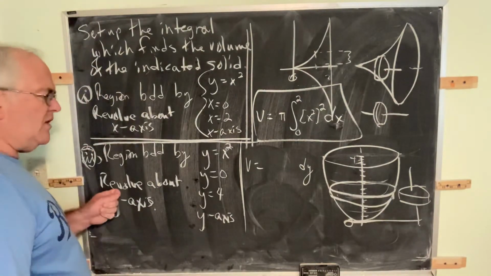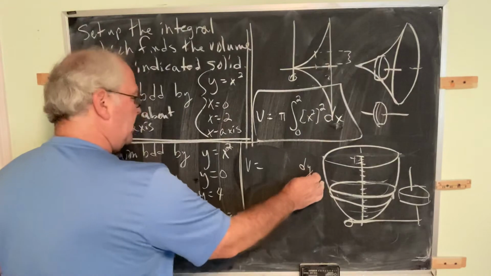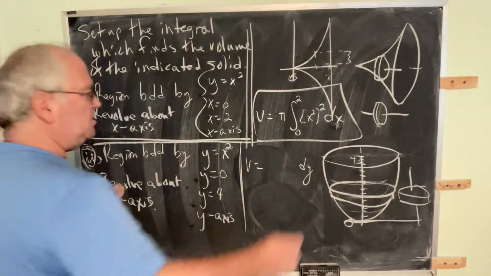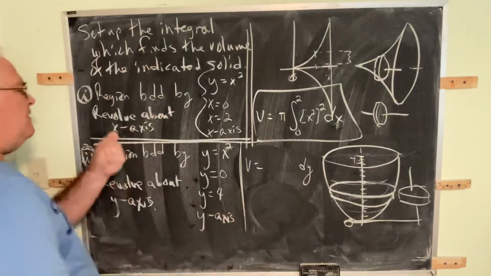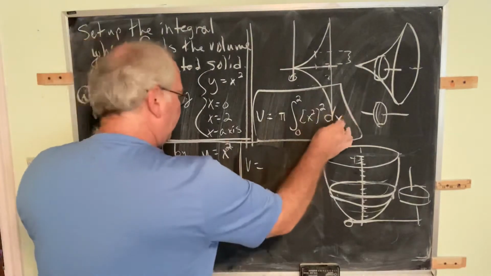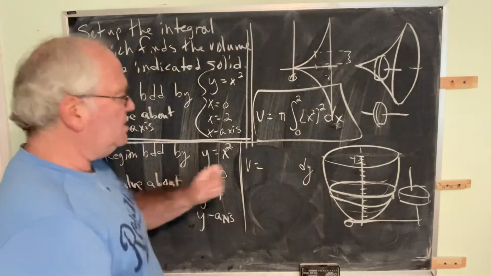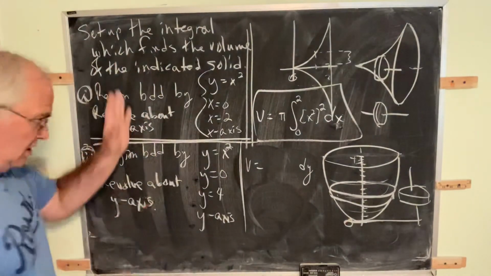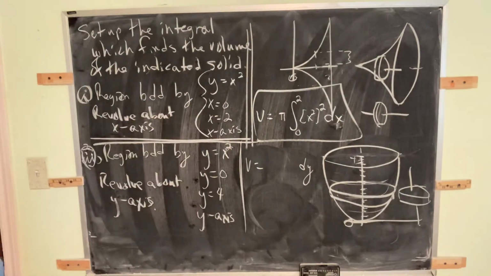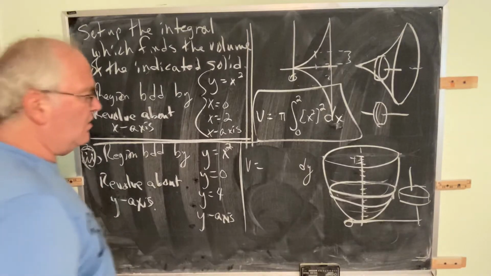The axis of revolution determines the variable of the integral. If you're revolving about the y-axis and you're using dx, using this method, there's a really good chance things are not going to be correct.